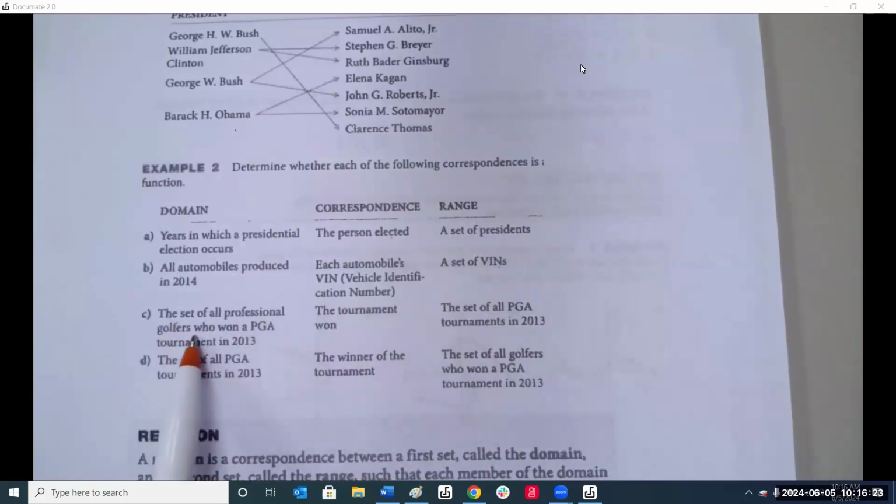The set of all golfers who won PGA tournaments in 2013, tournaments won. Can you win more than one tournament in a year? Yeah, so that's not a correspondence because one golfer can win multiple tournaments, like Tiger Woods. He won them all. The set of all PGA tournaments in 2013, the winners of the tournaments.